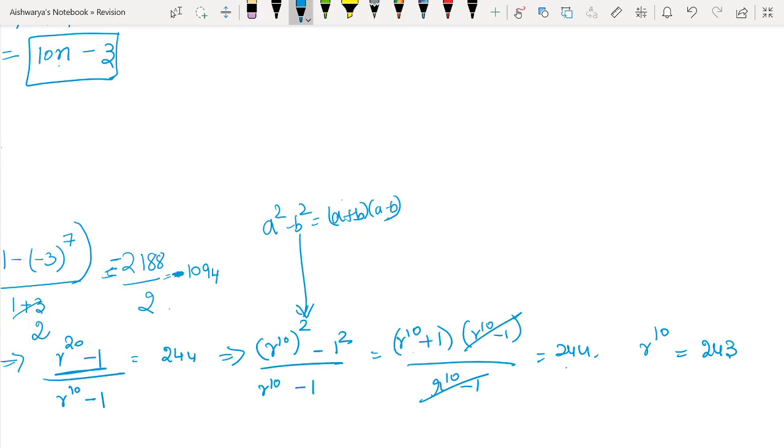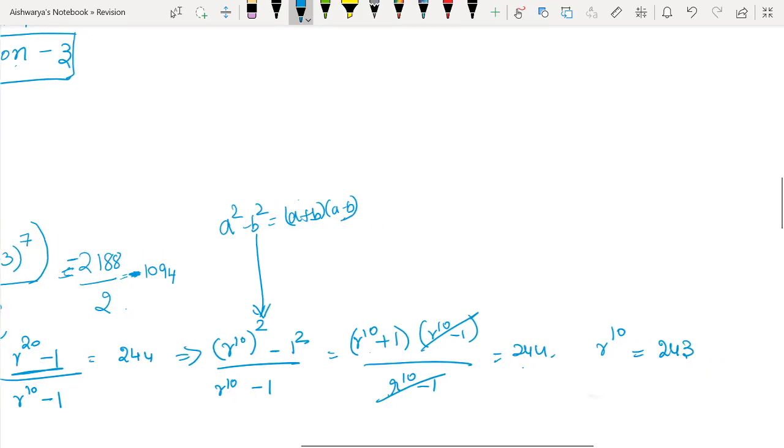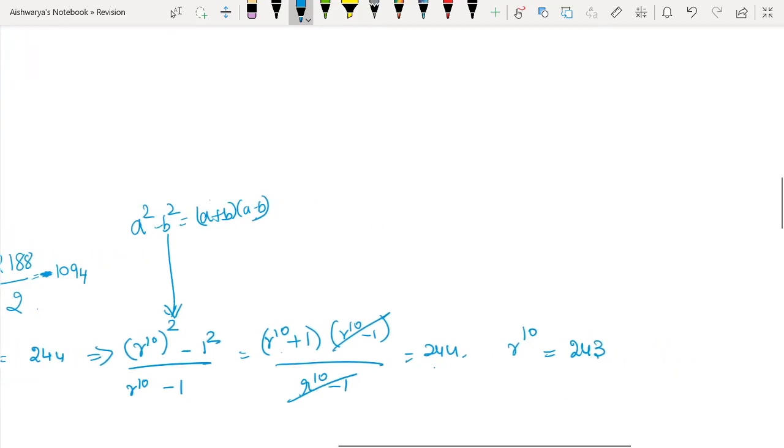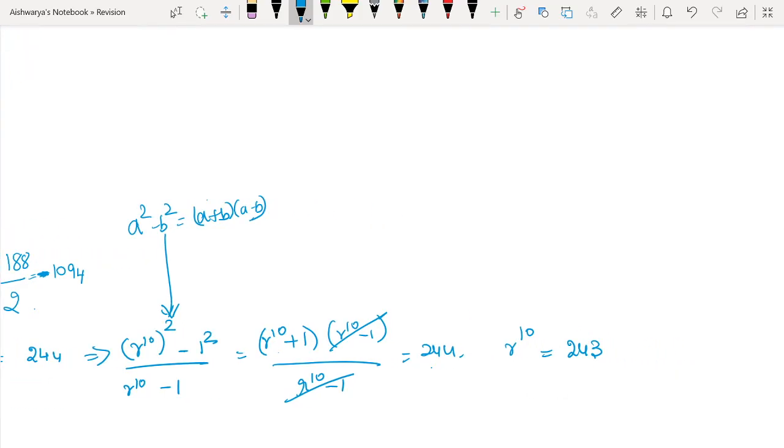Again, it will be very helpful if you write the 3 series somewhere in the last page, because 3 power 5 is equal to 243. So let's use that. So R square the whole power 5 is equal to 3 power 5. On both sides you can cancel that power 5.